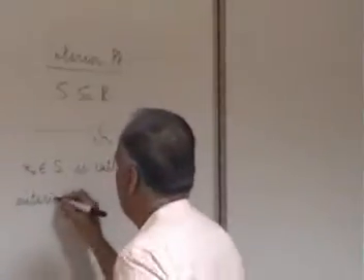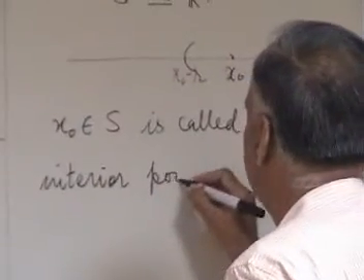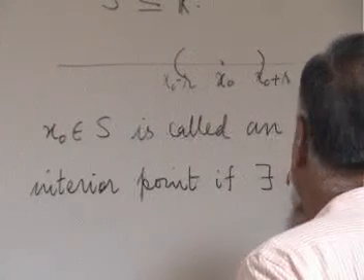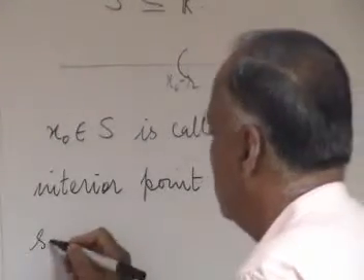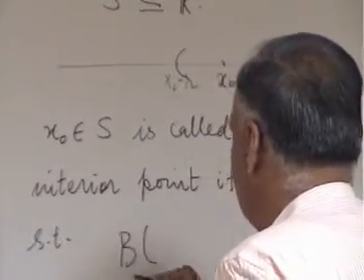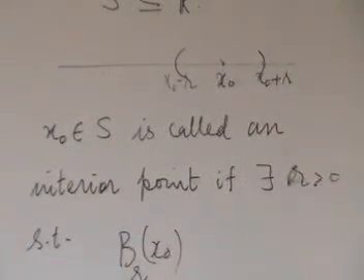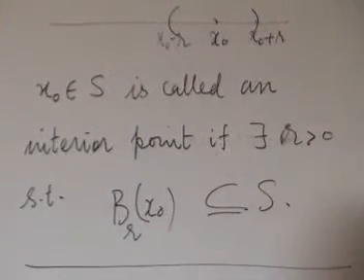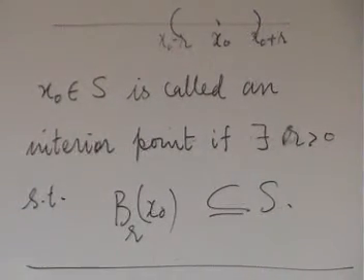I'll write it in terms of that notation so that it will immediately get generalized. If there exists some positive radius r such that the ball of radius r around x0 is completely contained in S, then it is called an interior point.